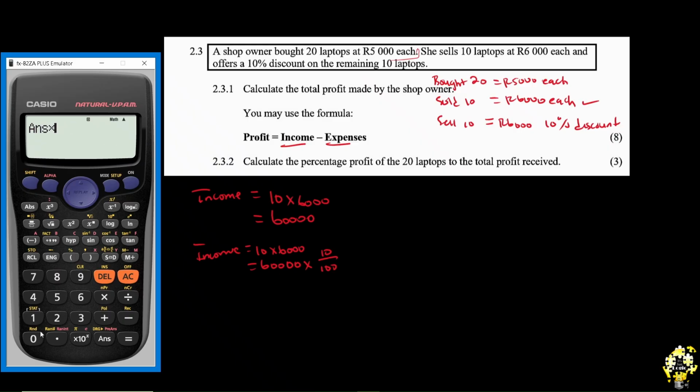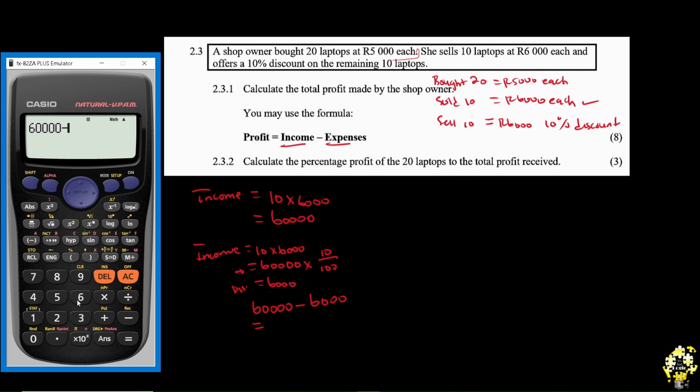So 60,000 is already here. Let's just say 10 divided by 100 times 60,000, and the discount is going to be 6,000. Let's subtract it from the total income we were supposed to receive. Because there is a discount of 6,000, let's see what we get.